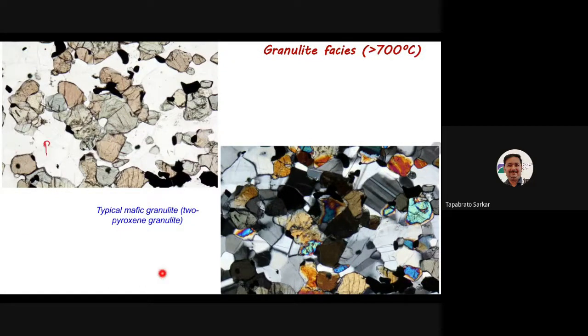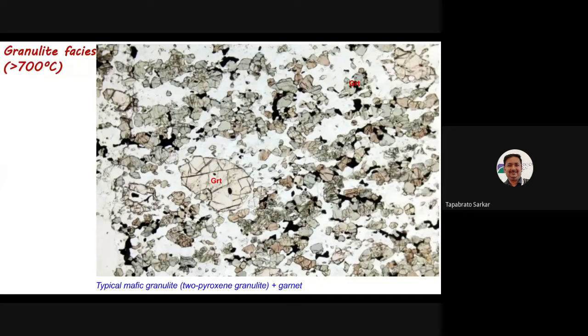So I write it down: plagioclase, OPX, CPX. That's it. And if it is garnet bearing, you can find some large garnets within the same assemblage as well: garnet along with OPX, CPX and plagioclase.